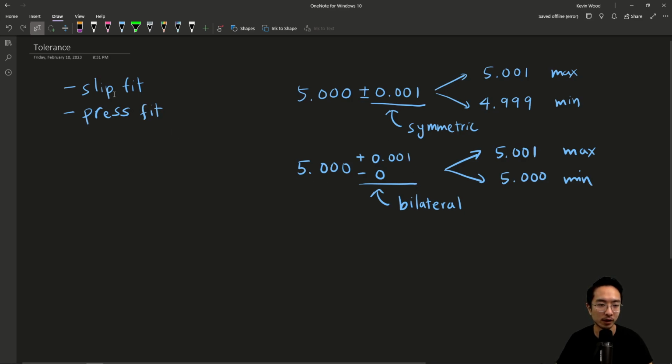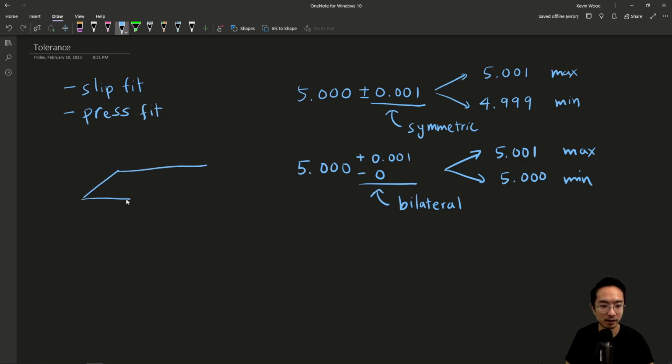So if you're dealing with slip fit or press fit, the main difference between these two fits is that slip fit is something that can slide in and out pretty easily, but still have a very good fit. So that's a slip fit. And then typically, let's say you have a plate here. Okay, so this is my plate.